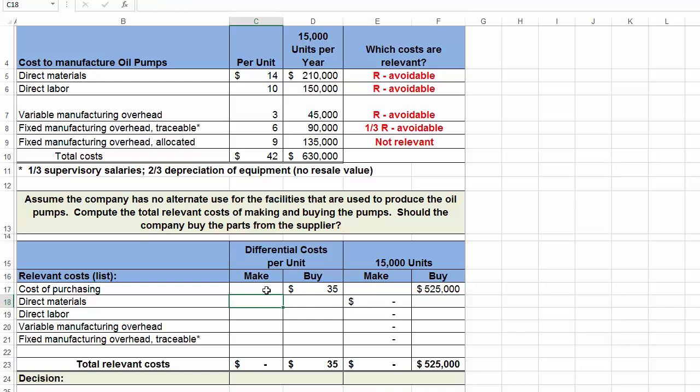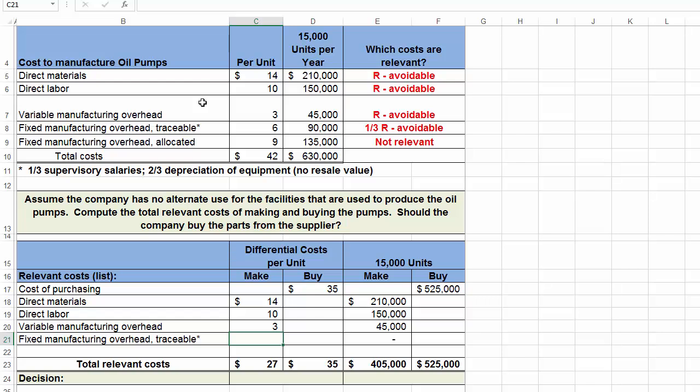So they include direct materials of $14 per pump, or $210,000 in total. They include direct labor of $10 per pump, or $150,000 in total. And they include variable manufacturing overhead of $3 per pump, or $45,000 in total. Now remember, the only portion of the traceable fixed manufacturing overhead that is relevant is the one-third that is related to supervisory salaries.